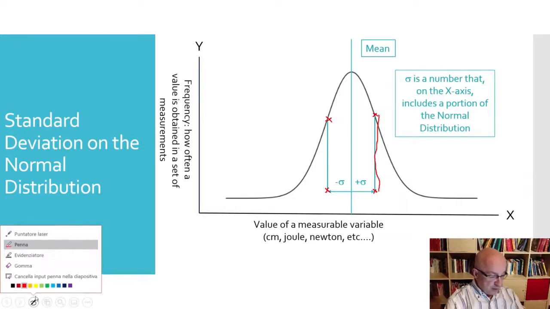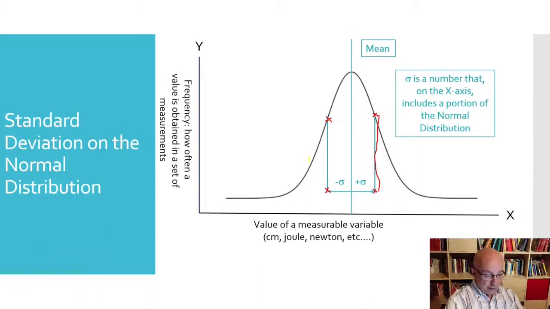And if I consider the area of the curve which is included by these 2 vertical lines, so at the end by the range given by the mean plus minus 1 sigma, the area included by these 2 vertical lines contains a given percentage of data, a percentage of data with respect to all of the infinite numbers of the ideal normal distribution.